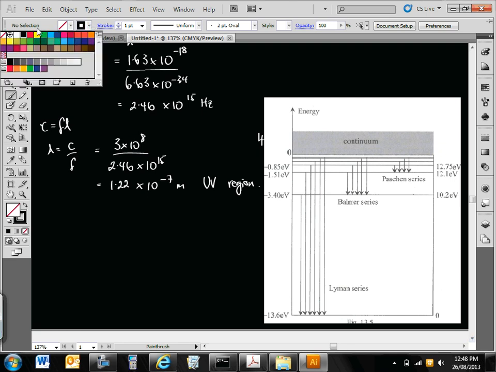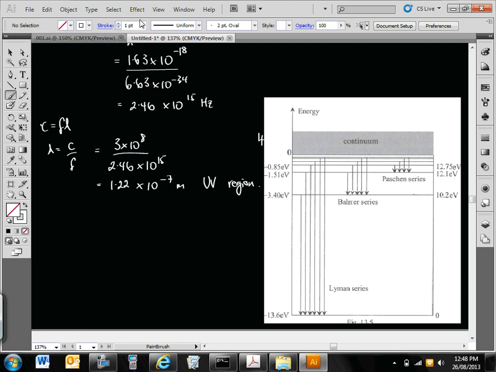So let's write that. All transitions to the ground state result in UV photons.